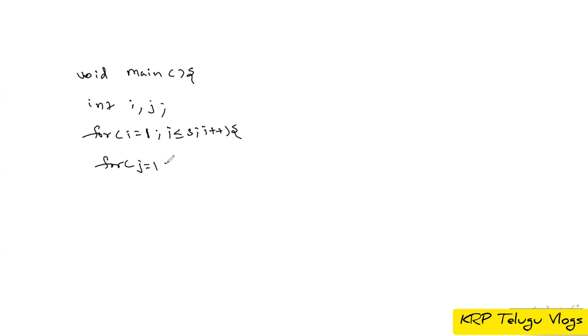For j is equal to 1, j less than or equal to 3, j plus plus. printf percentage d, percentage d, new line, comma i comma j. So what will it print, tell me?